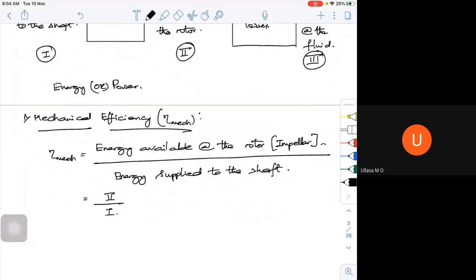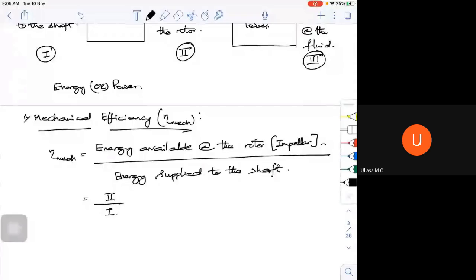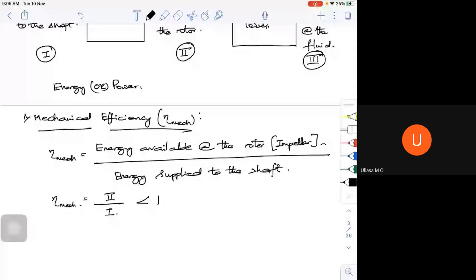Now, we can't have power available at the impeller and power available at the shaft both be the same. So this number should always be less than 1. That is, your mechanical efficiency is between 0 and 1.